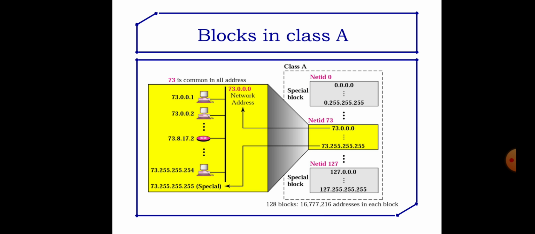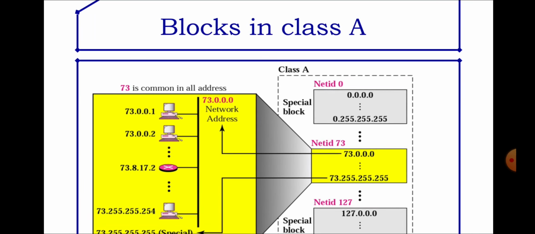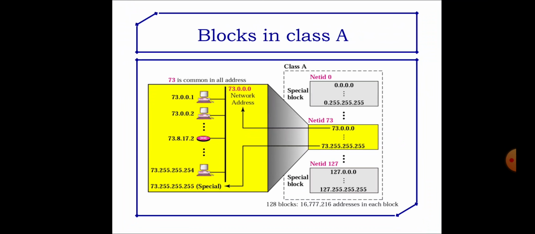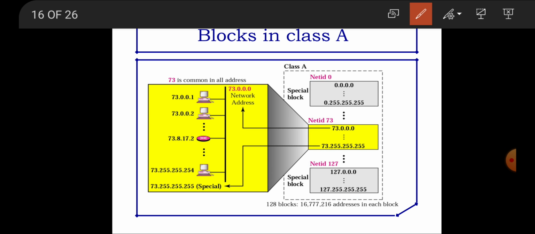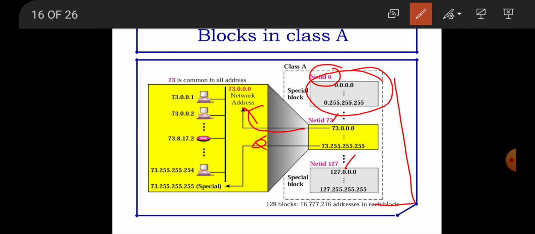Now in class A, the net IDs range from 0 to 127. Net ID 0 is a special block that cannot be used for IP addressing.